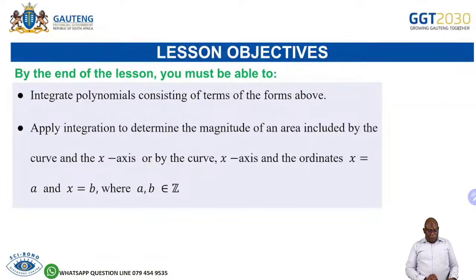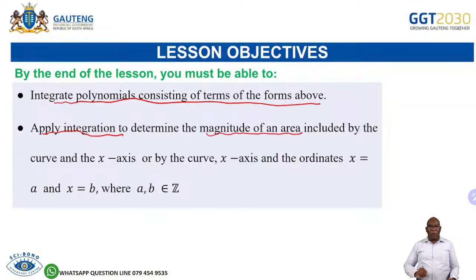The other one is that you must be able to integrate polynomials consisting of terms of the above, the ones that we were talking about in the previous slide. We need to also be able to apply integration to determine the magnitude of an area.